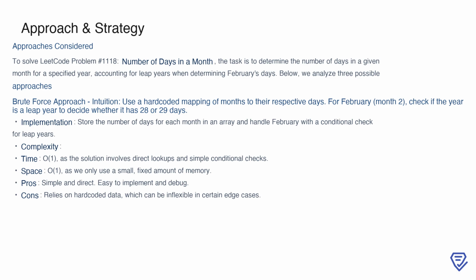This approach is highly efficient in terms of both time and space complexity, with direct lookups and simple conditional logic making it an O(1) operation. Its simplicity and ease of implementation are significant advantages, though it does rely on hard-coded data, which might be less flexible in handling certain edge cases. Nonetheless, it's a straightforward and effective solution for this problem.